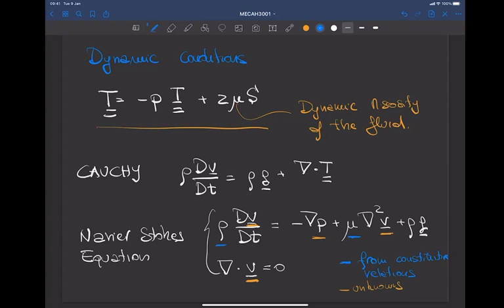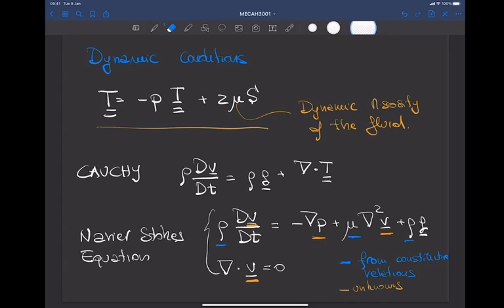And this is also known. Okay, so it's a well-posed problem. We have enough equations to solve the Navier-Stokes equation. So we have enough equations to solve for the unknowns that we have.